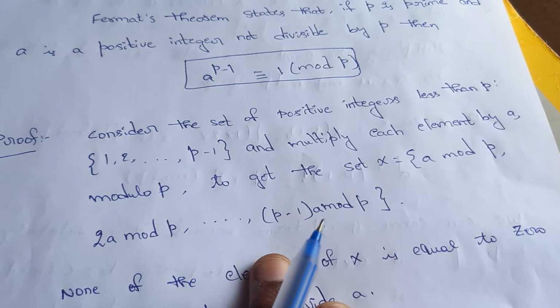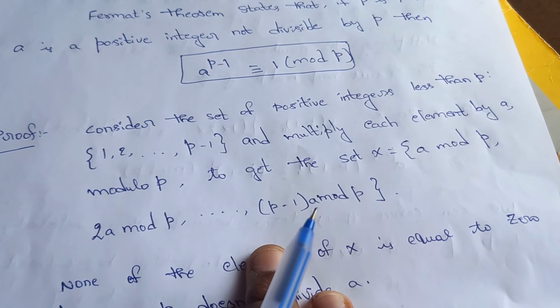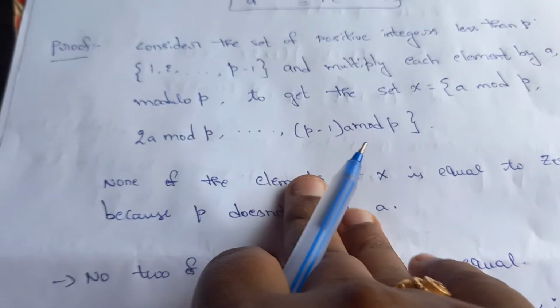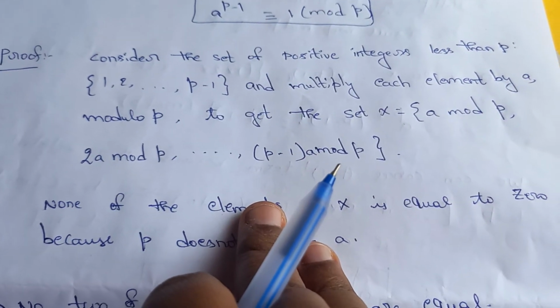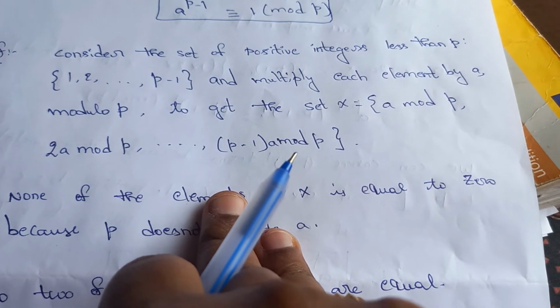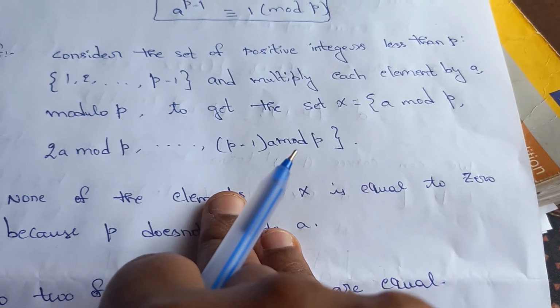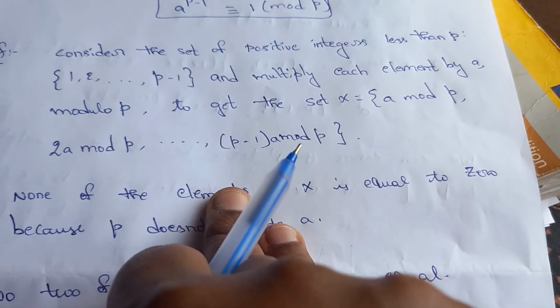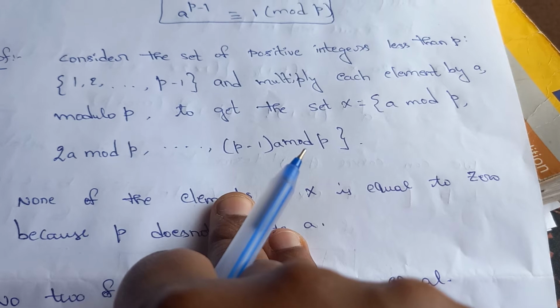Here we should prove that a power p minus 1 is equal to 1 mod p. Let's see the proof. Consider the set of positive integers less than p. The last number is p minus 1.